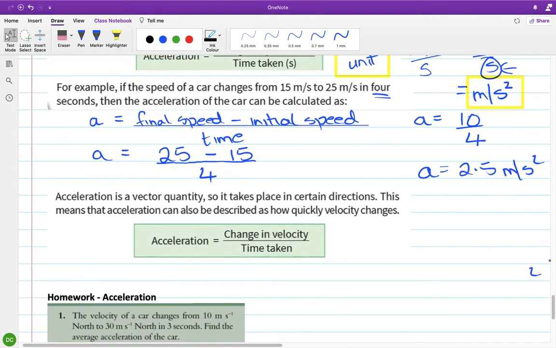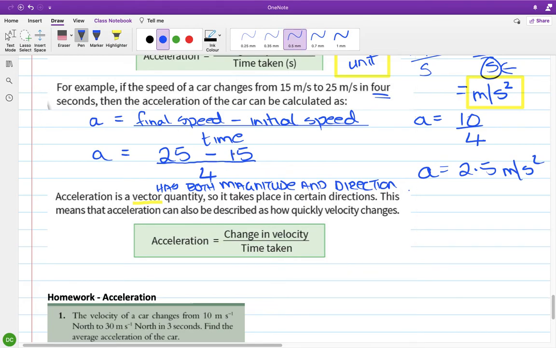Just a little mention that acceleration is a vector. Remember that a vector means it has both magnitude and direction.